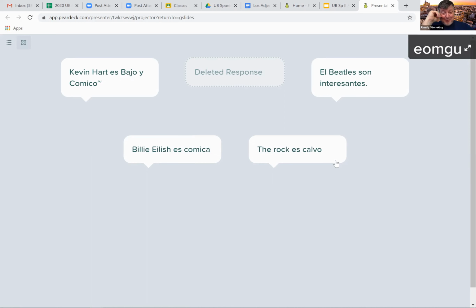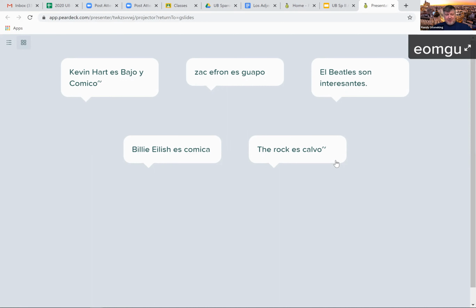Sí, sí, es calvo. Sí, es guapo. Zac Efron es guapo. Okay, there we go. So very simple sentence to talk about somebody using our adjective, making it agree.